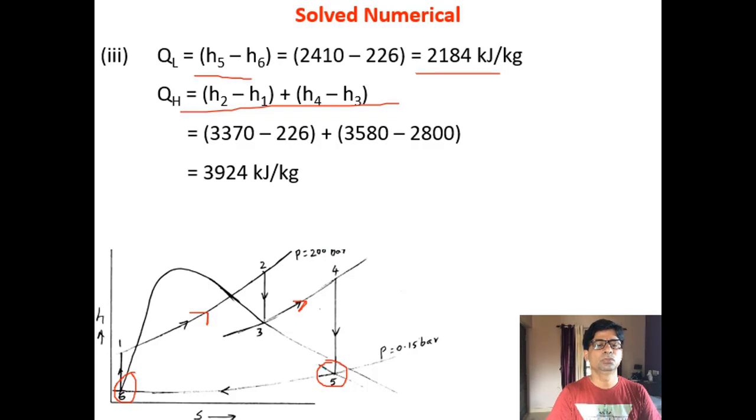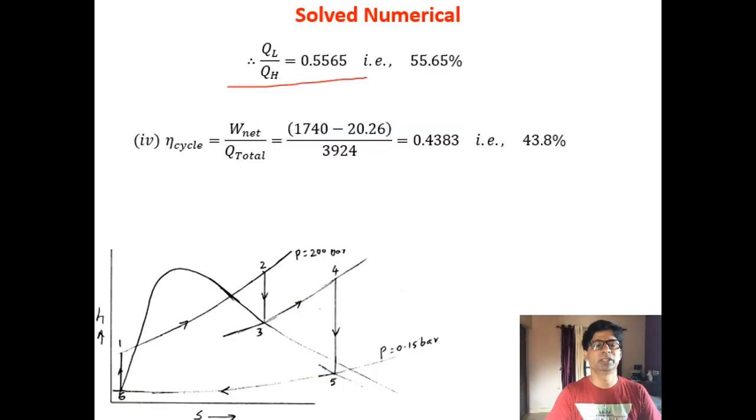So two heat terms, H2 minus H1 and H4 minus H3; after substitution and simplification you will get 3924 kilojoules per kg. So the ratio of heat rejected to the heat addition you are supposed to calculate, which comes around 0.5565 or 55.65%. Look at the loss here. So heat loss is around 55.65% of heat addition.